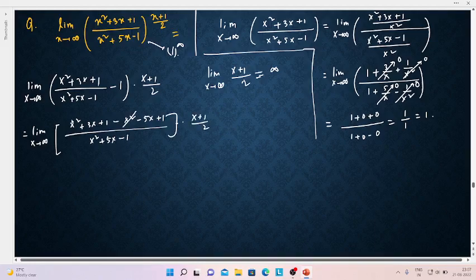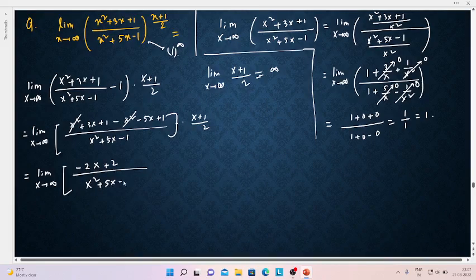So that is nothing but the limit x tends to infinity of (x² + 3x + 1 - x² - 5x + 1)/(x² + 5x - 1), times (x + 1/2). Now you can see that x² and x² will cancel out, so it will be the limit of (3x - 5x is -2x, plus 2) over the denominator (x² + 5x - 1)(x + 1/2).